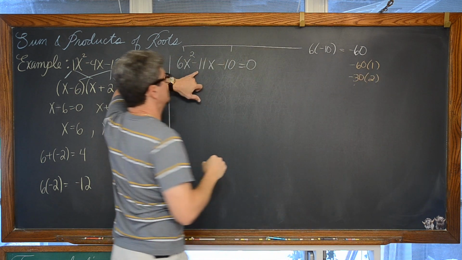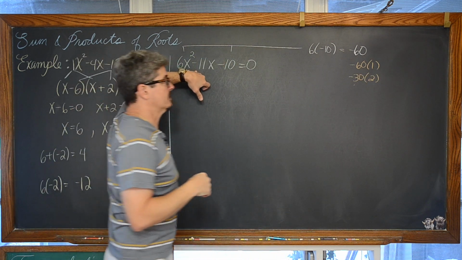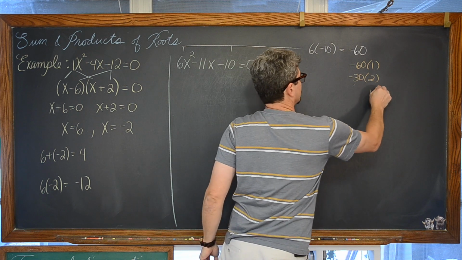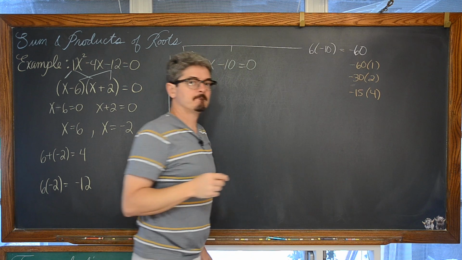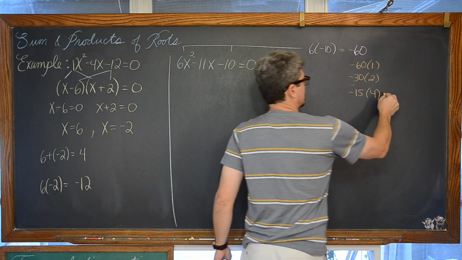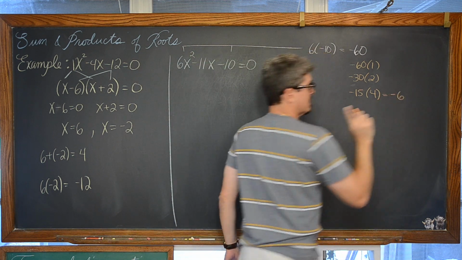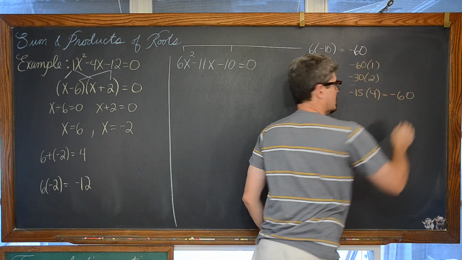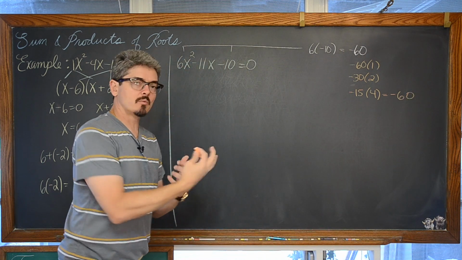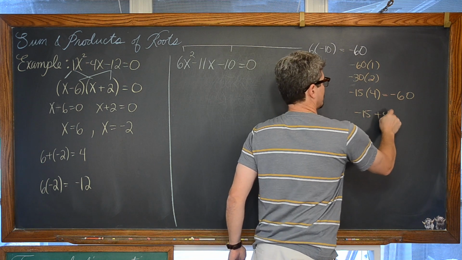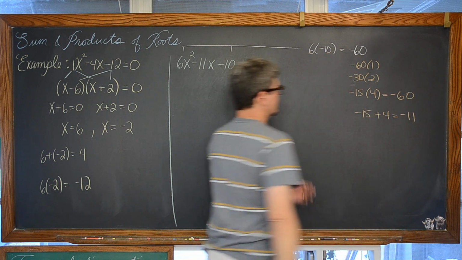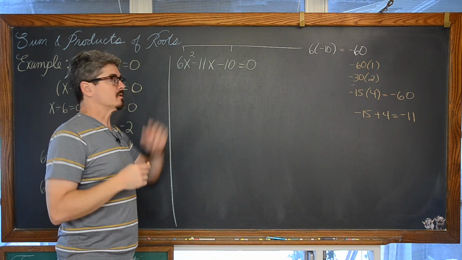That adds up to be negative 28, nowhere near negative 11. But we could use 4 and multiply that by negative 15. Now, 4 times negative 15 is equal to negative 60. But the real magic here is that negative 15 plus 4 is equal to negative 11. That's matching here our middle term.